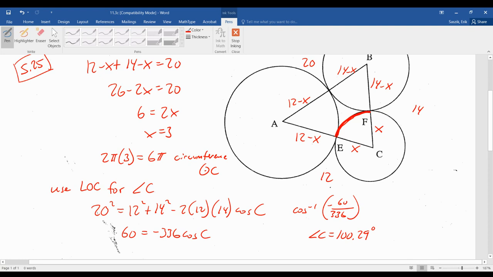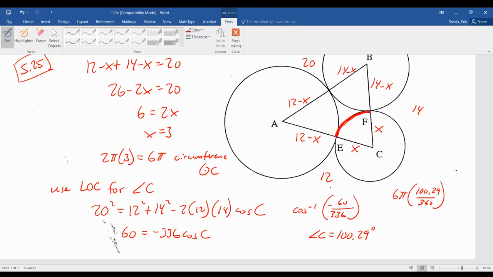Okay, so we're going to take that circumference of 6 pi, multiply it by what I just got over 360, because that's the fraction we're talking about. I did not hit reset on my calculator. Carried it all the way through.